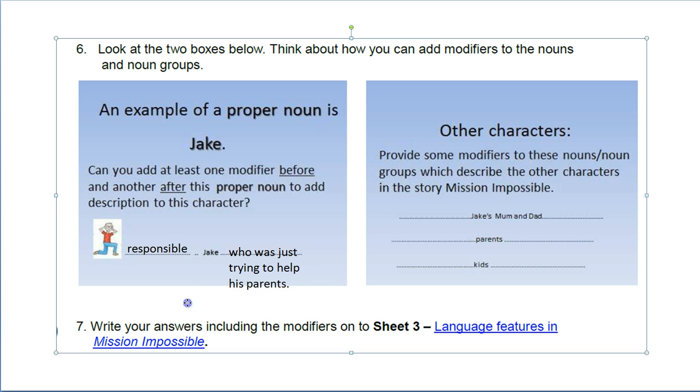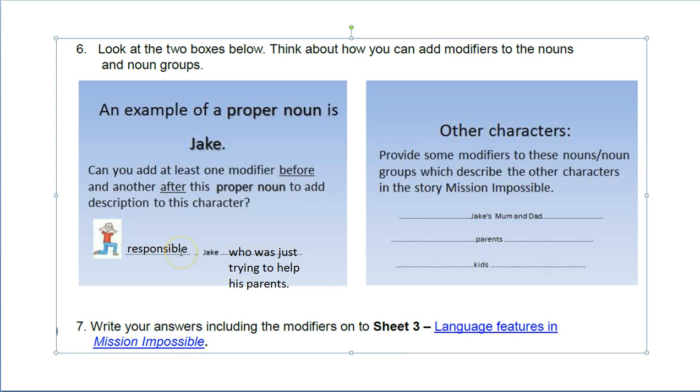So this tells us more information about Jake, that he is responsible and that he was just trying to help his parents, so he's caring. Adding those 2 parts of this noun group gives a lot more information about Jake than just the word Jake. So you go and think of one too.